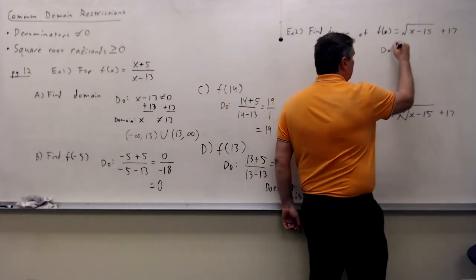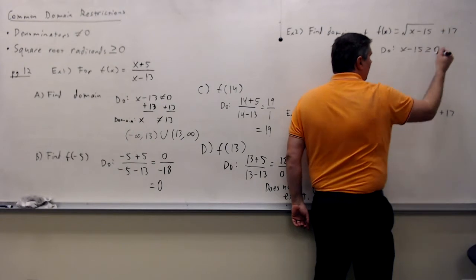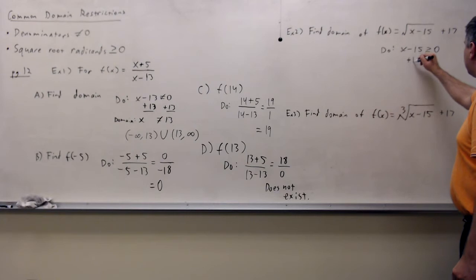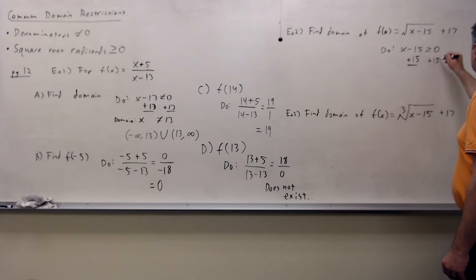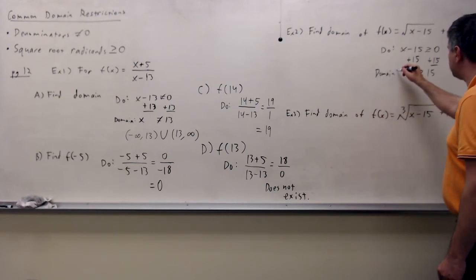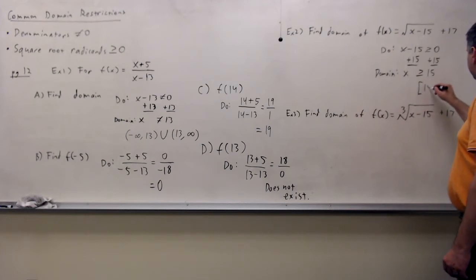The radicand is x minus 15. It must be greater than or equal to 0. So I will add 15 to both sides. And x is greater than or equal to 15. That is the domain in traditional notation. Interval notation, it's 15 inclusive to infinity.